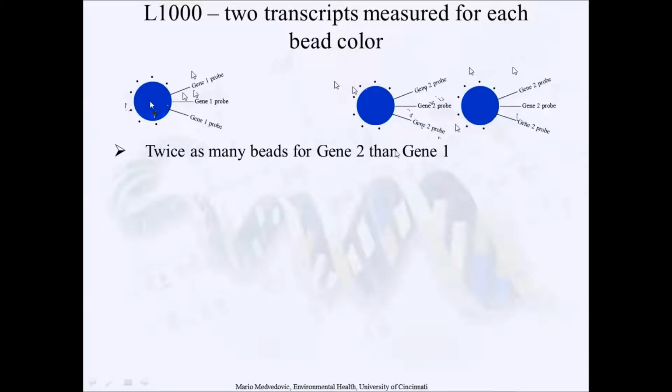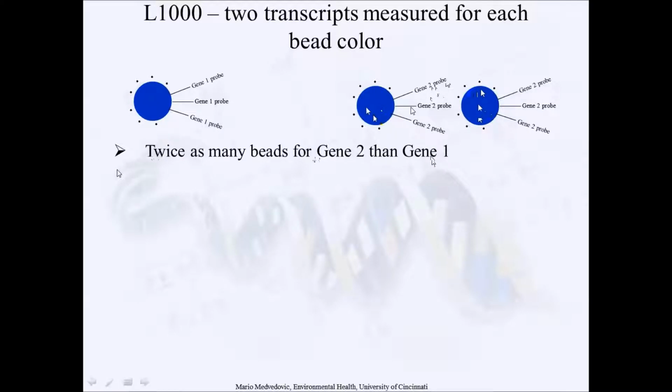And the way that these are going to be resolved is by basically mixing different abundances of the same bead, but coded with different probes. So in particular, in this case, they mix, for example, twice as many blue beads that are coded by the probe for gene 2 as for gene 1, right?